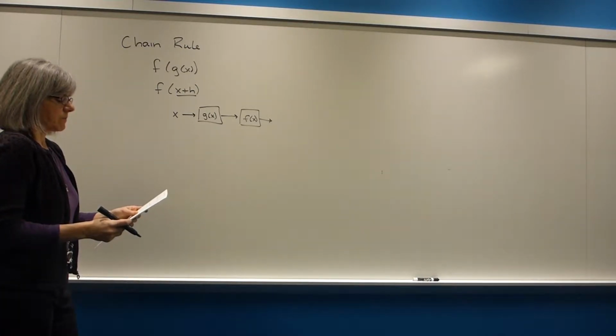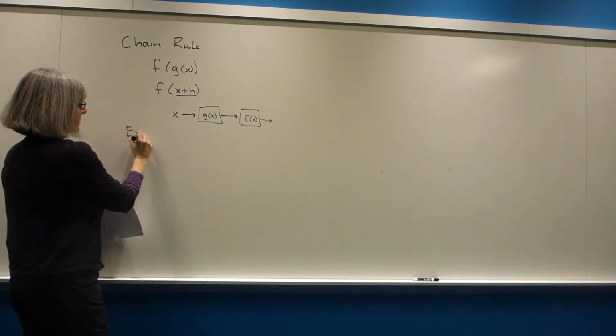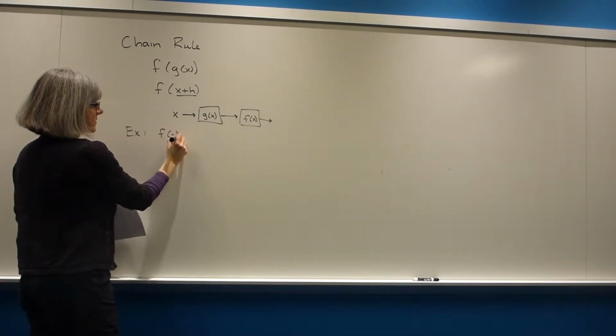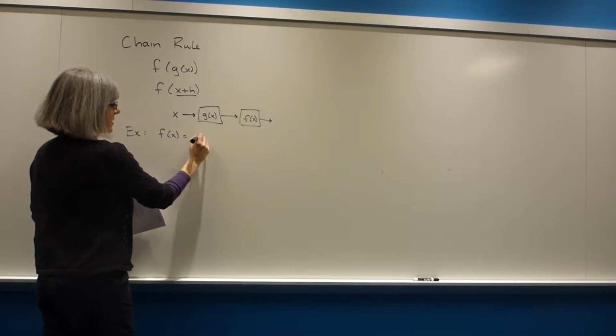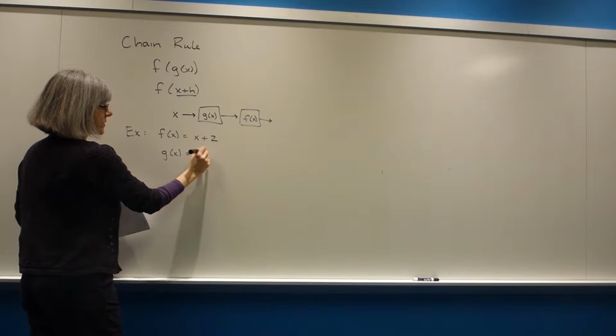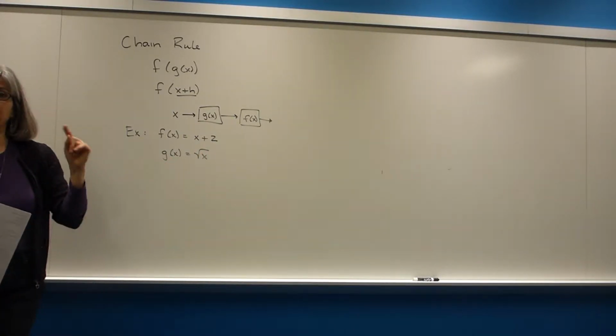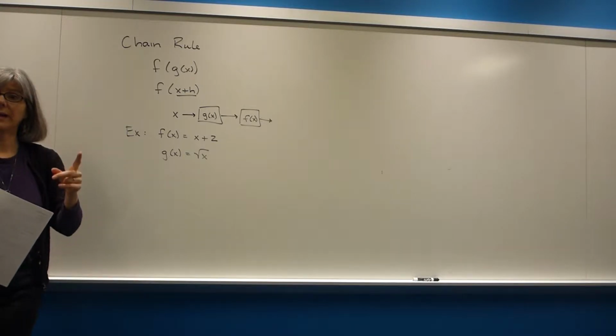So let's do a couple. Here's an example. If you have f of x equals x plus 2, and g of x equals the square root of x, we're going to find two things. We're going to find f of g and g of f. The order matters.